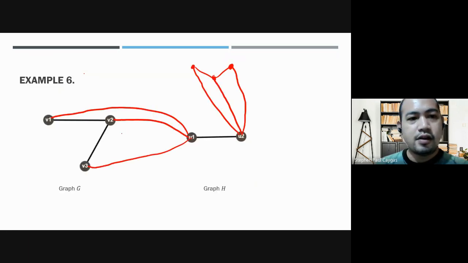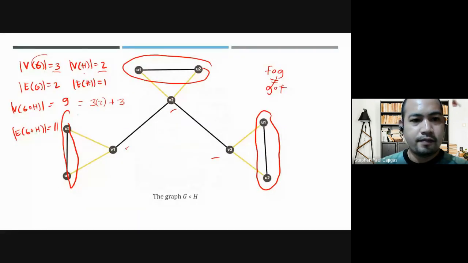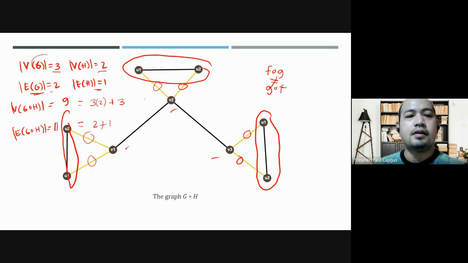Okay, and then now let's go to the edges. What is the possible formula? Of course, there is involvement of the 1, but that is additional. So how many edges did we add? We will have here 2 plus 1. This is 3. To get 11, we need to add 8.